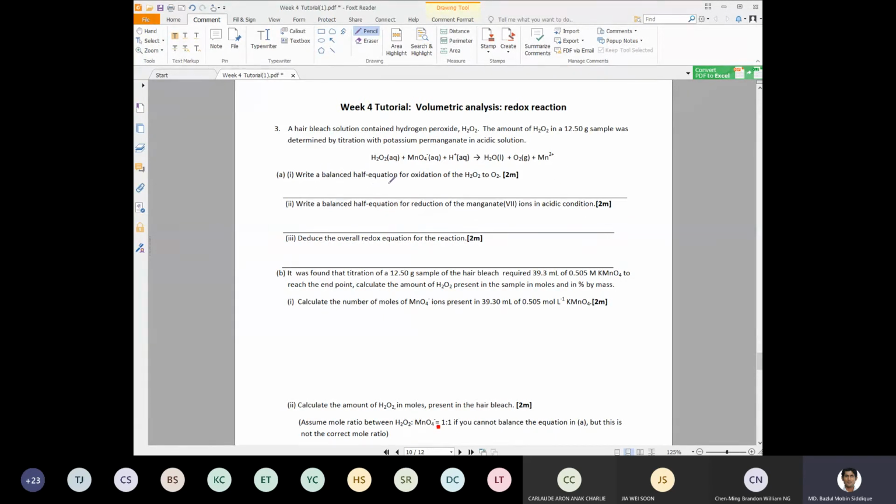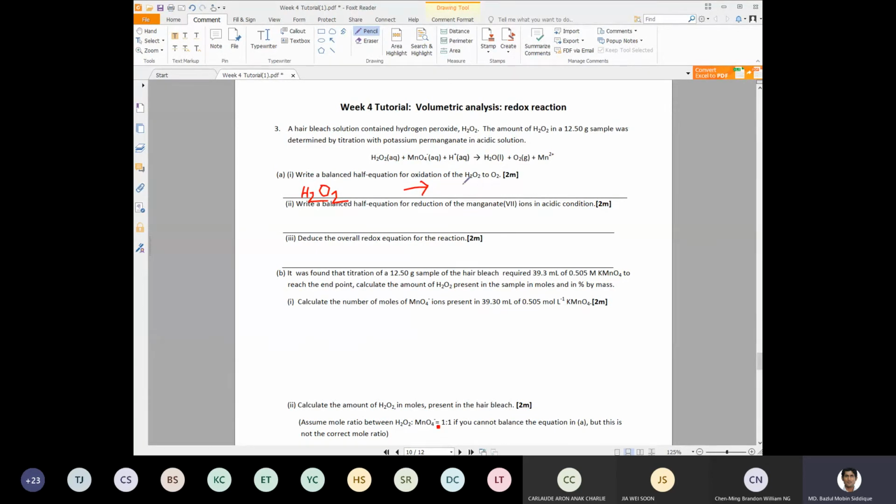So write a balanced half equation for oxidation of hydrogen peroxide to oxygen. Hydrogen peroxide to oxygen. Just keep some room if I need to add anything here later on.